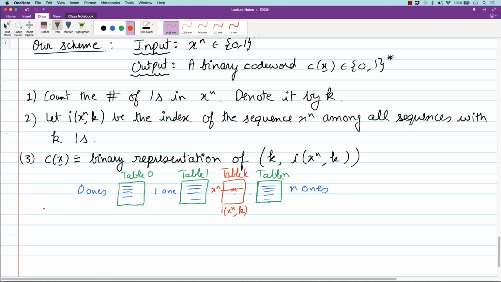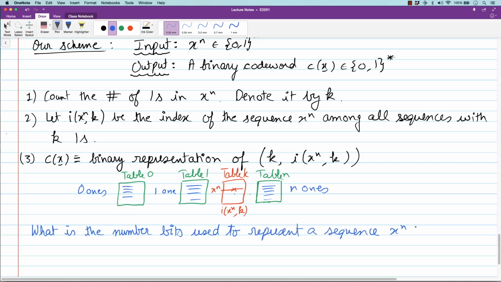So the first question you should ask is, what is the number of bits used to represent a sequence x^n in the scheme?